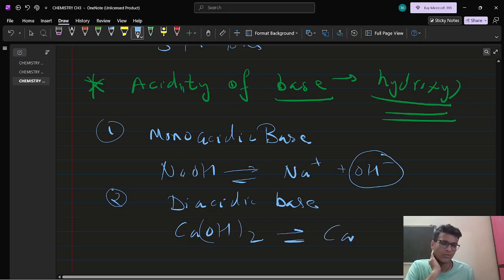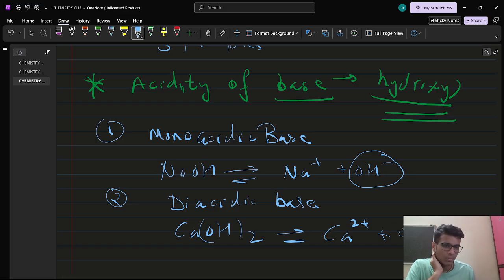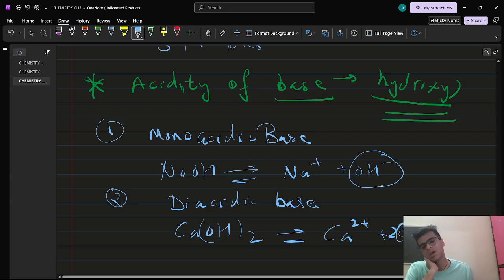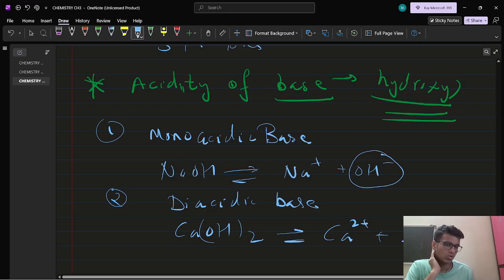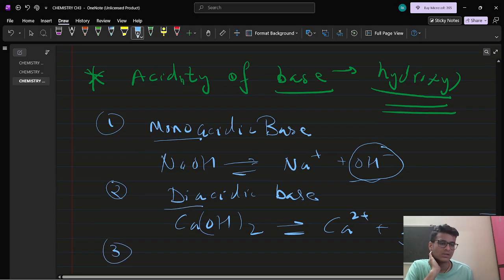Same example I have given. Copycat. So OH minus, this is two. You get two of them. So that's why I'm writing neatly. Ca2 plus two OH minus. अब इधर दो आए इधर एक ही आया. That's why it is mono. This is di.